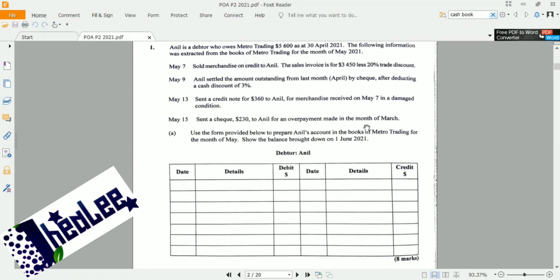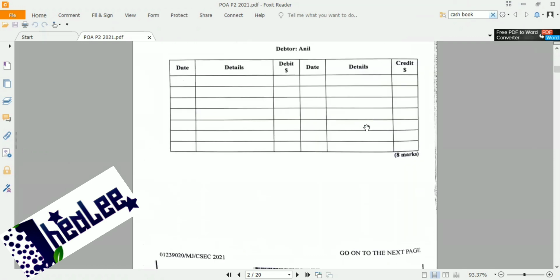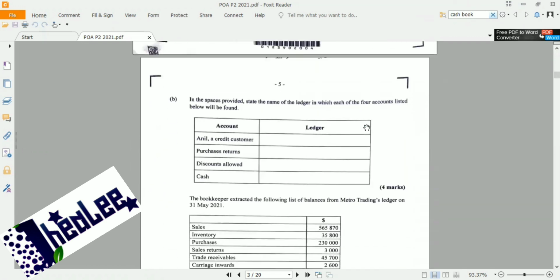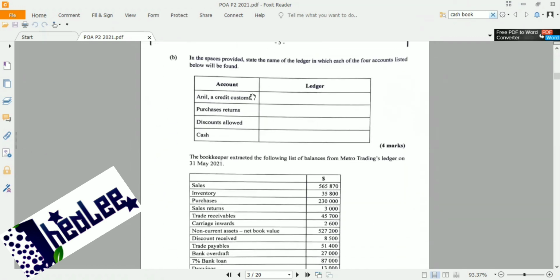So therefore, you can look at it as ledger accounts as well. So that is from number 1, the broad topic number 1. Let's look at part B. Part B tests your ledger accounts knowledge. And again, that is from the broad topic given by CXC number 1.